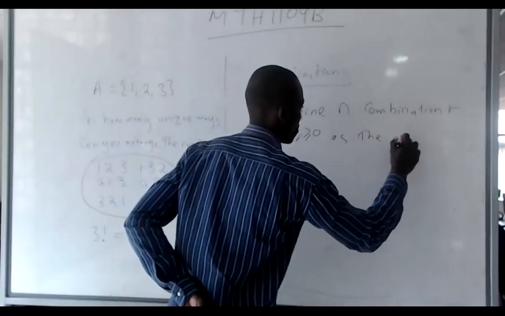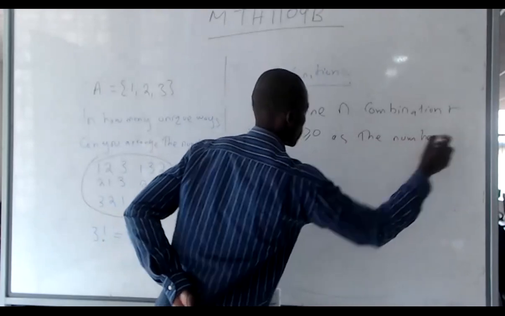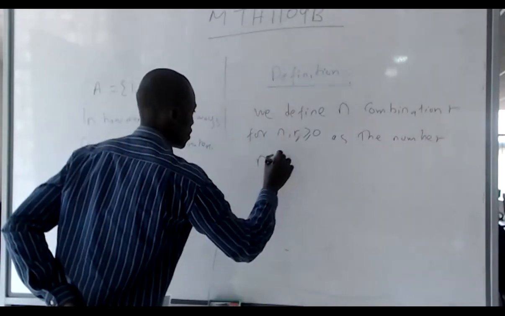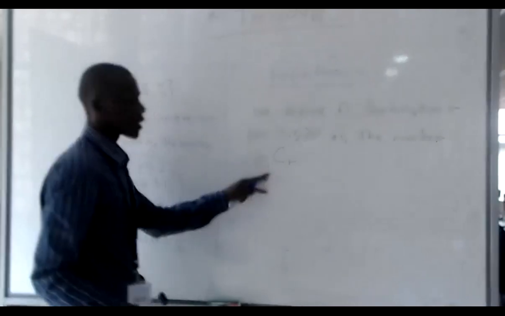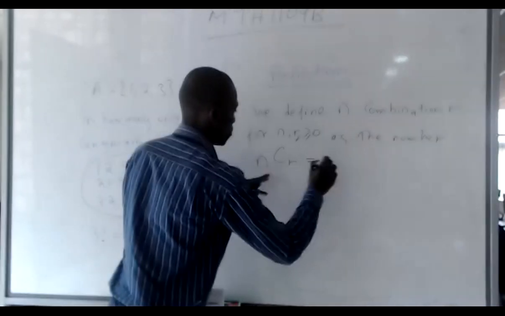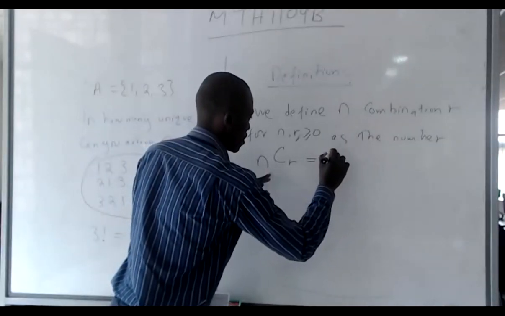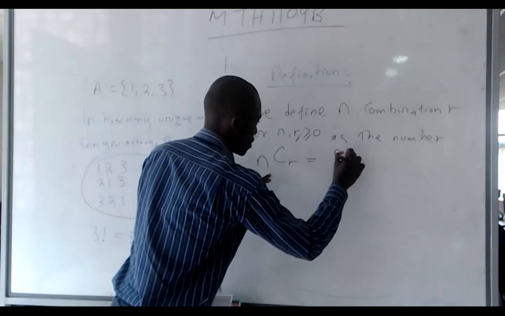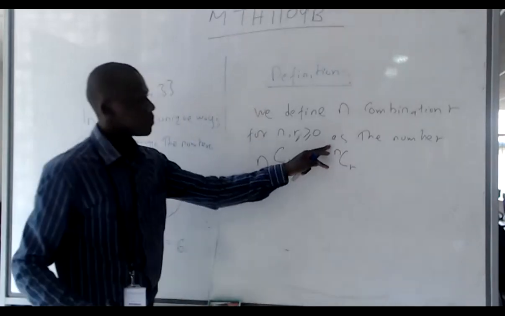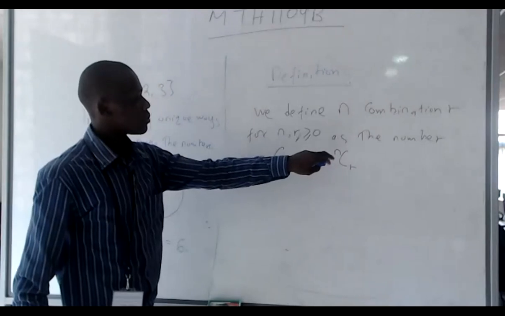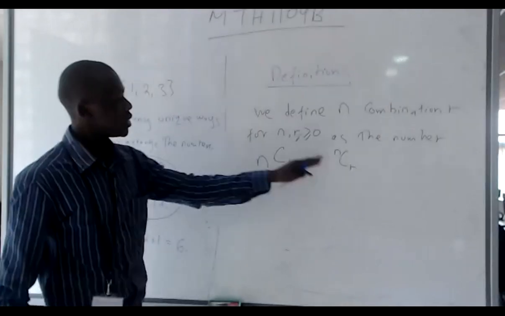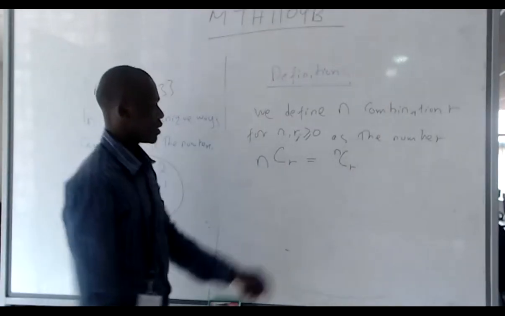As the number, we write this as N combination R, NCR. Some books will write this as NCR, with N as a superscript before C and then R as a subscript.